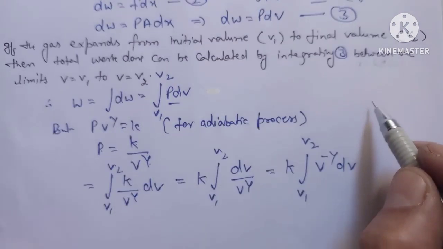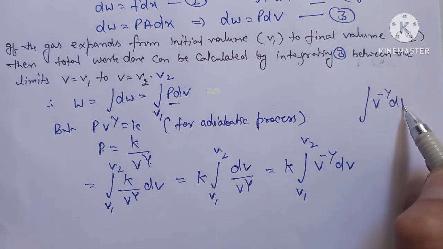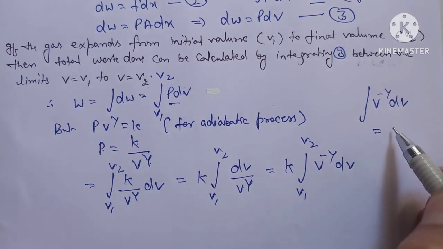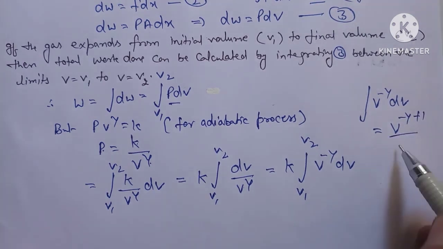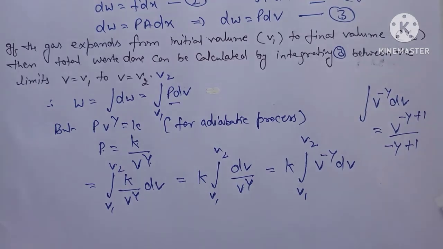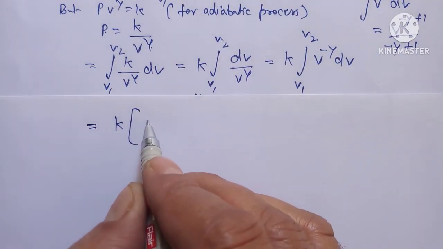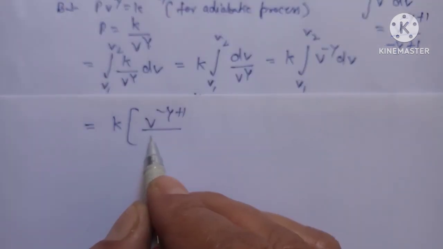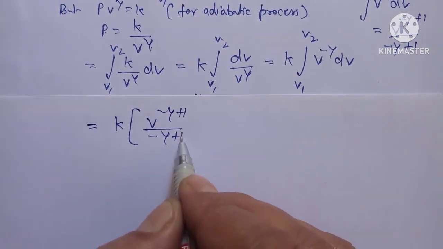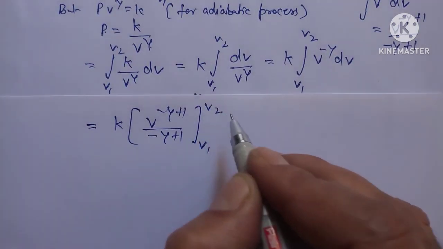Now the integration of V^(-gamma) dV is equal to V^(-gamma+1) over (-gamma+1). So this becomes K times V^(-gamma+1) over (-gamma+1), limit V1 to V2.